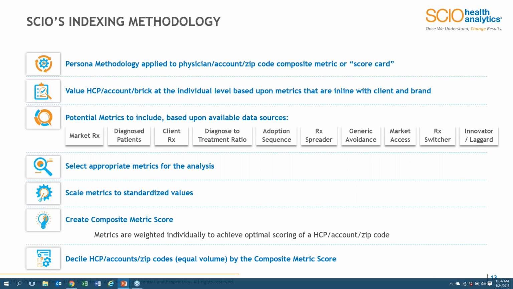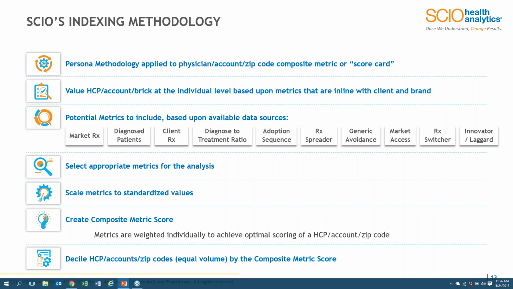So this slide is an example of developing a scorecard in the process that summarizes the steps, including identifying the relevant data, which could be a combination of HCP or patient-level data. For example, we have market Rx or diagnosed patients, adoption sequence, market access information.